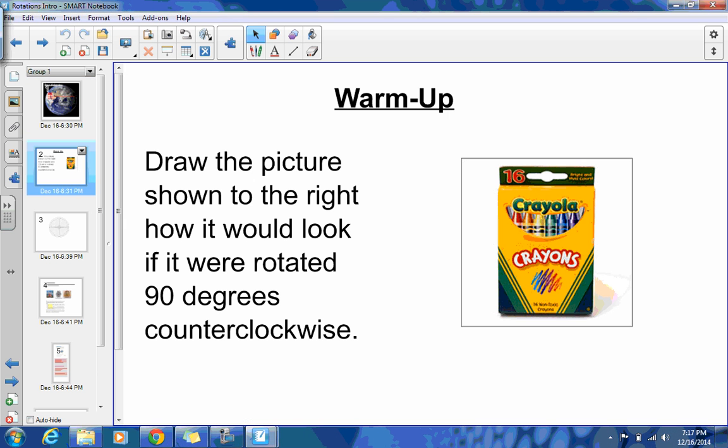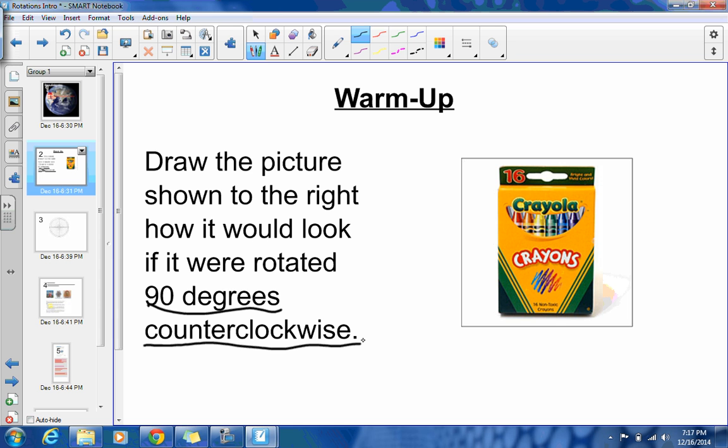So if you could draw a picture of a crayon box, we're going to talk about degrees of rotation. So it says draw the picture shown to the right, how it would look if it were rotated 90 degrees counterclockwise. So counterclockwise, you think of a clock, they go kind of turn to the right. So that means we'd have to turn this way to the left in 90 degrees.